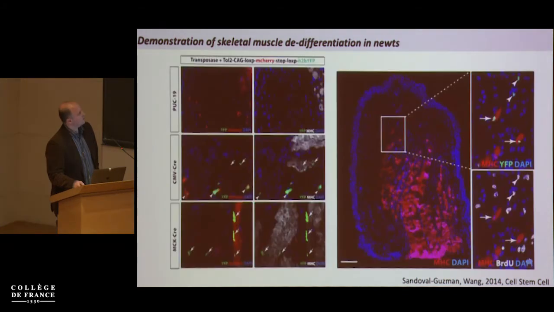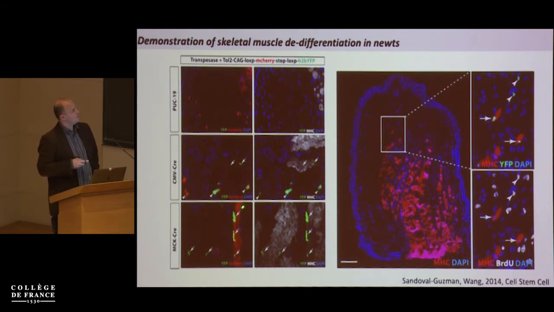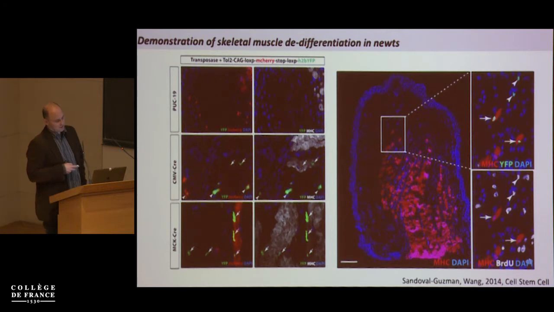And this showed that indeed, and these are the control experiments here, and these are the labeled myonuclei, that after amputation, there is a good number of cells that are derived by dedifferentiation, and they lose myosin heavy chain and other myogenic markers and re-enter the cell cycle based on the incorporation of a nucleotide analog.